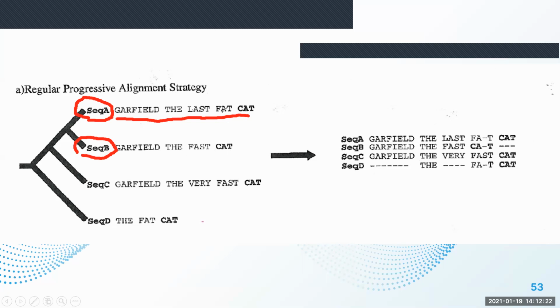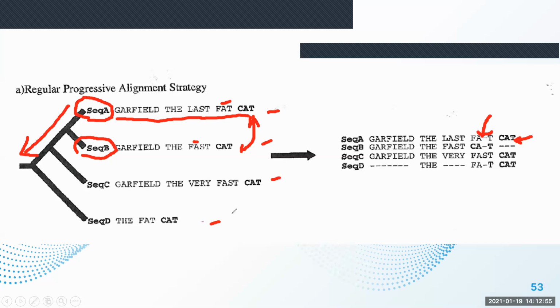Here it is fat, here it is fast. By looking at these two, we can see these two are similar ones. So you should align AB first. You can introduce gaps here, then you can have some other gaps.